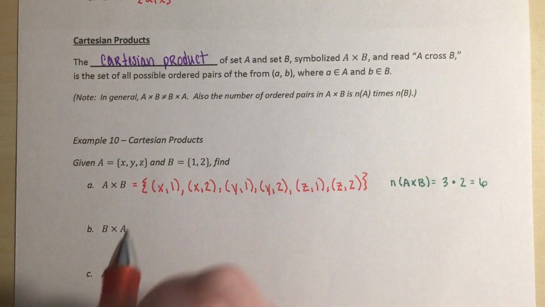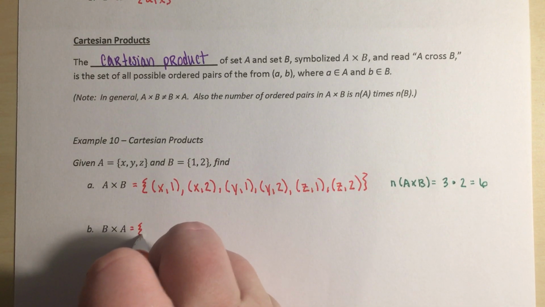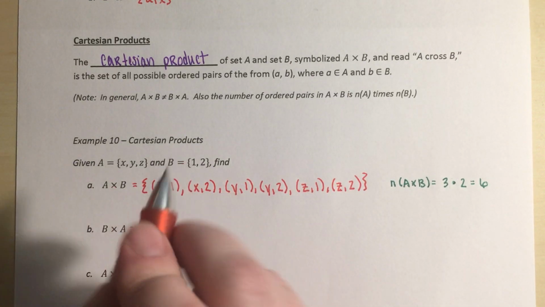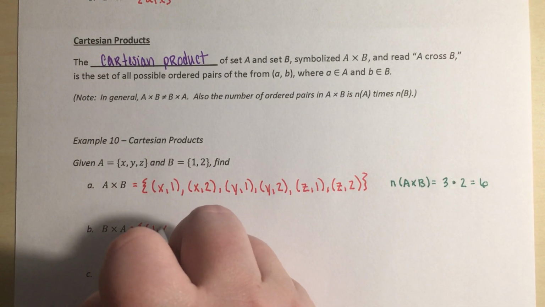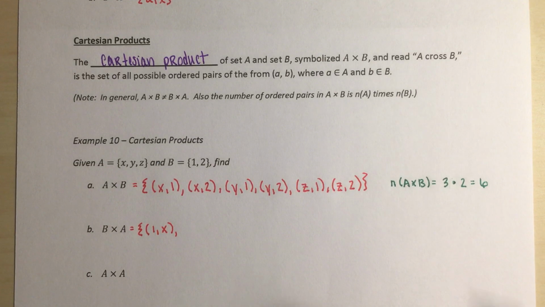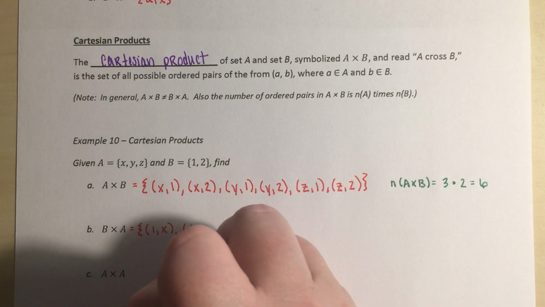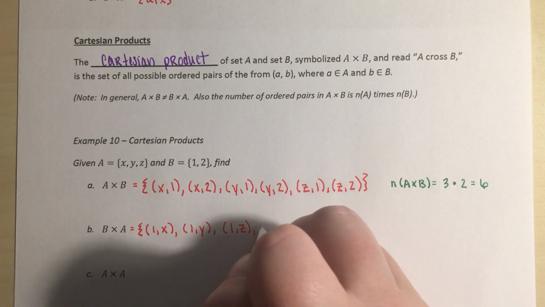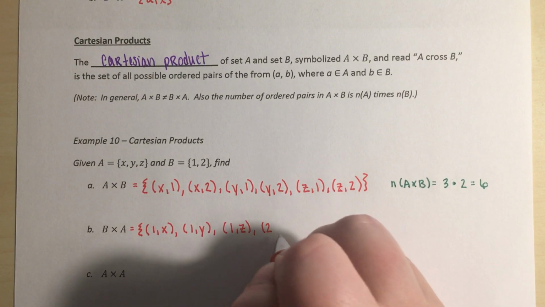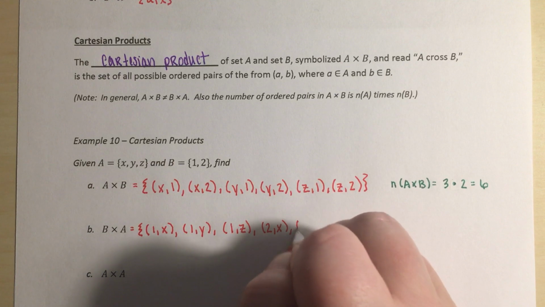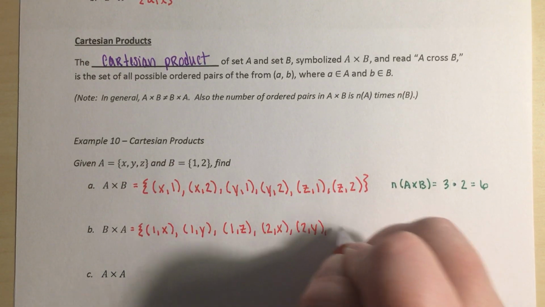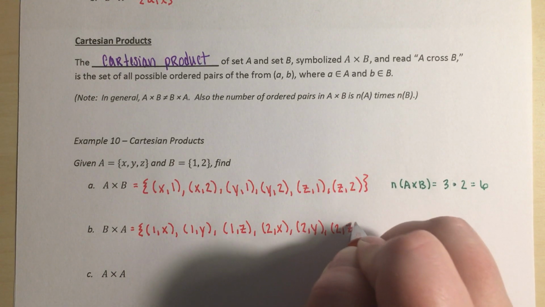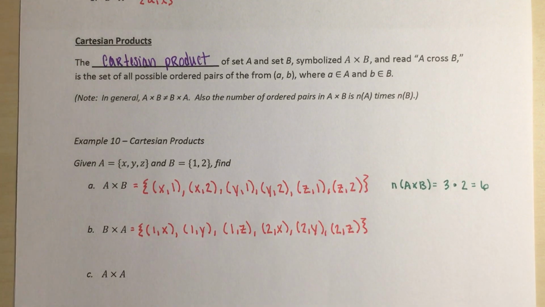All right, so B cross A. Now we're going to pick an element of B. So let's pick 1. Match it with something in set A. So we're going to match it with X. Then we're going to do 1 comma Y, 1 comma Z. Then we're going to pick our other element from B, 2, 2 comma X, 2 comma Y, 2 comma Z. So they look similar to our ordered pairs from our first example, but they're not exactly the same.